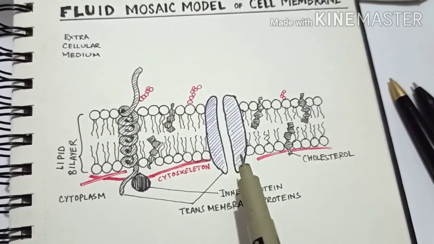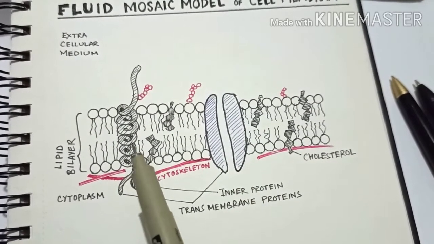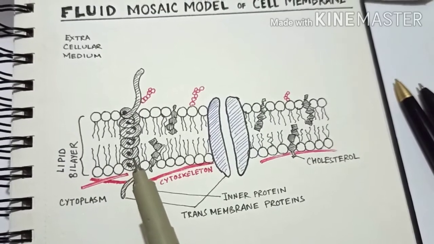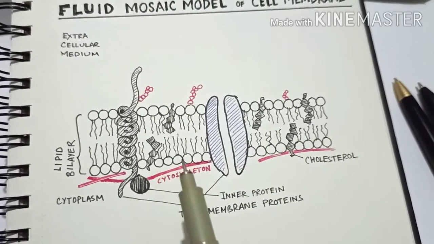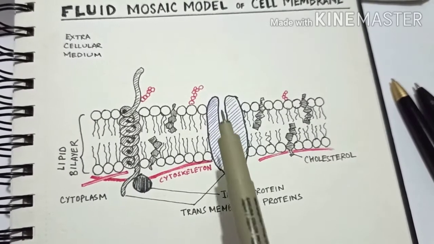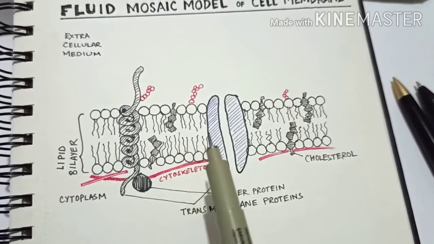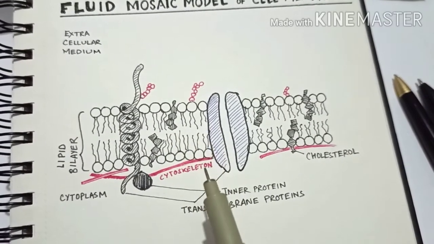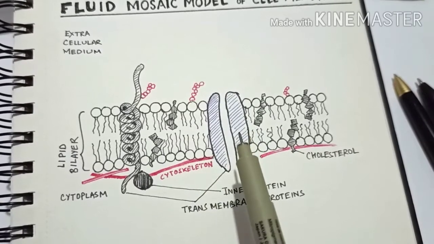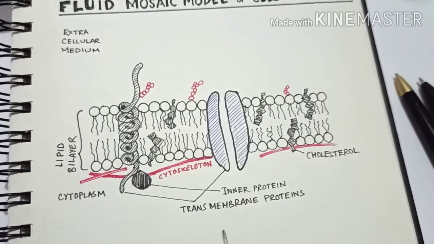This one has the property of letting particles move across it, whereas this one serves a completely different purpose, mostly recognition. This one forms a channel across the entire membrane. As the membrane has a non-polar interior, it will not allow polar particles to move across, whereas this channel actually allows the movement of polar particles across it.